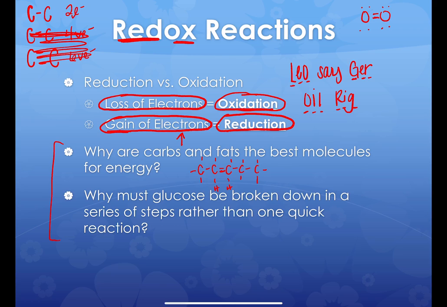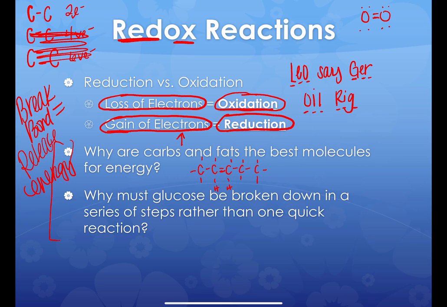But there are lots of bonds there, and those bonds represent potential energy. When you break a bond, not only do you release 2 electrons, but you also release energy. I'm writing this down, and I want you to write it down too, because that's going to be important later.